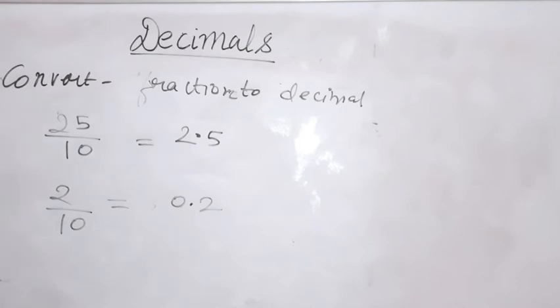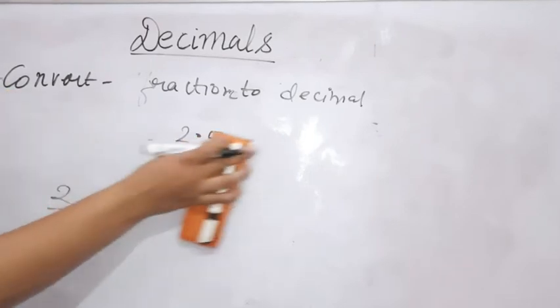Now I am going to explain the general method of converting a fraction into a decimal. That was with the denominators 10, 100 and 1000. Now I am going to take denominators different from these. Okay students, let's begin without wasting time.